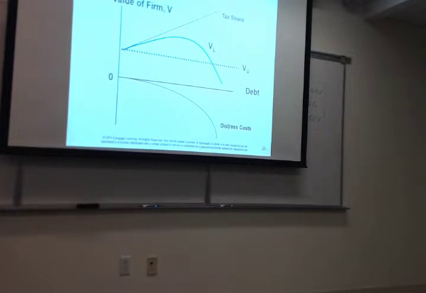So if we add all that together, we get this blue line, which is the value of the levered firm. As we add more and more debt, it goes up, and there gets to be a point where it starts going down. So where might you say our optimal capital structure exists on this graph?